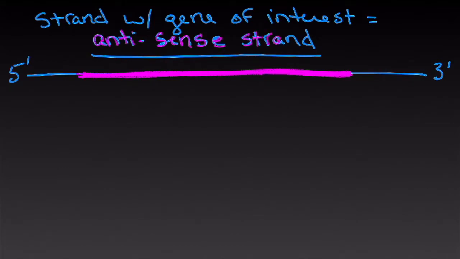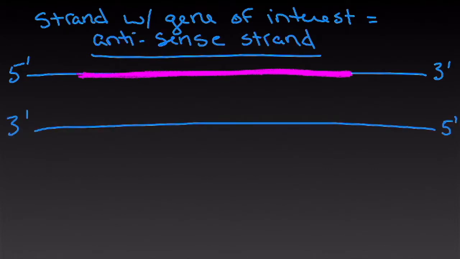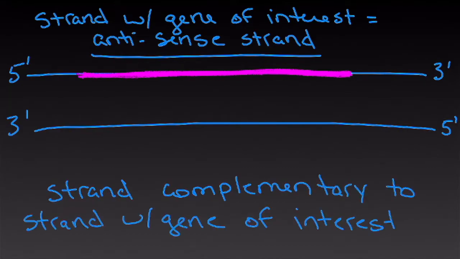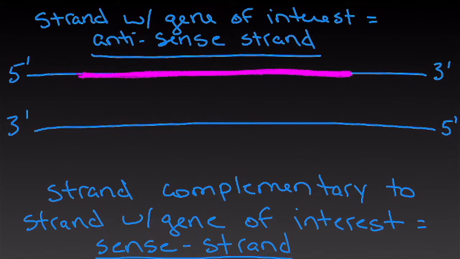So this gene that we're interested in is on this 5' to 3' strand. Therefore, this strand is currently called the antisense strand. The complementary strand is the sense strand.